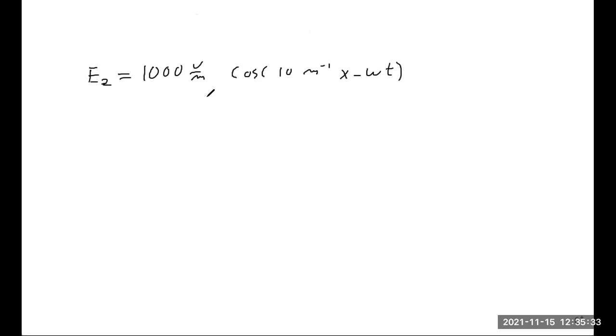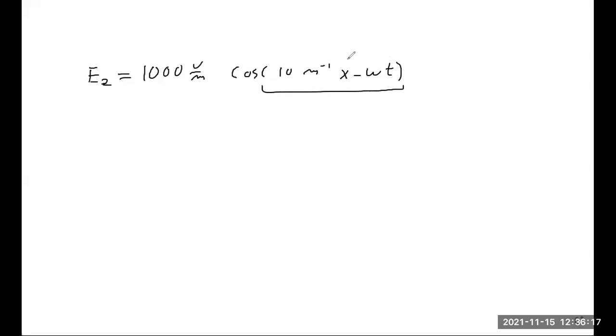So we can start getting our directions right off the bat. The cosine function tells us that if x gets bigger and you want to keep the phase the same, then t needs to get bigger too, because there's a minus sign.